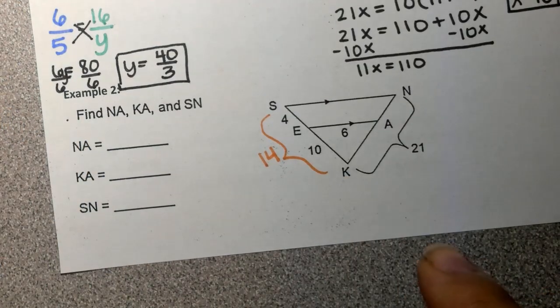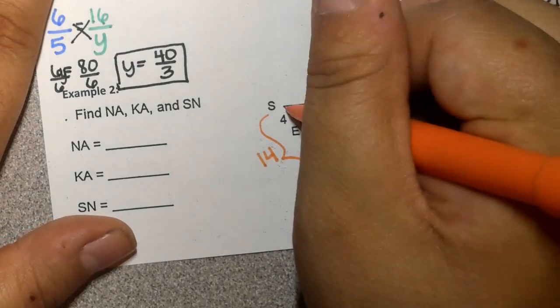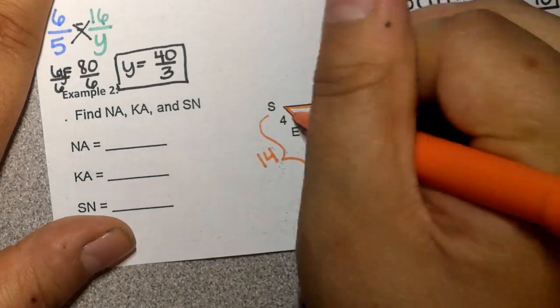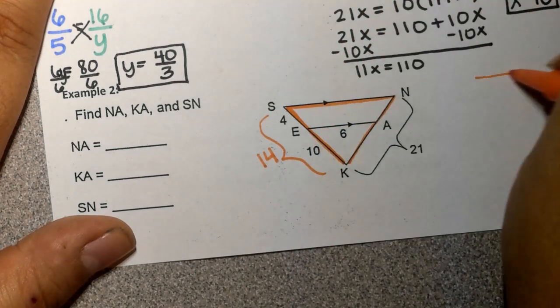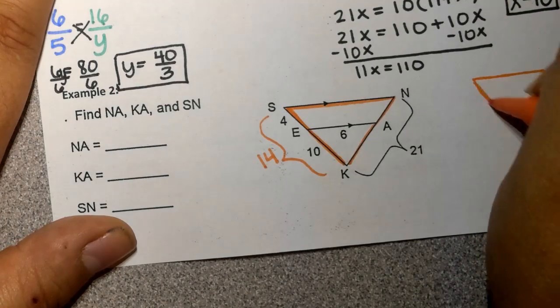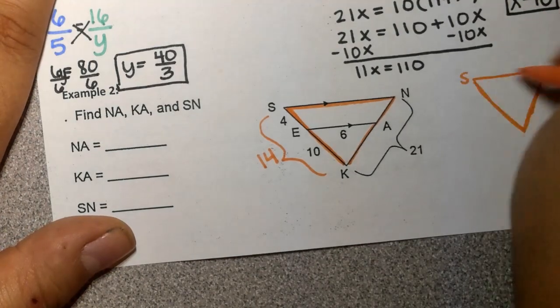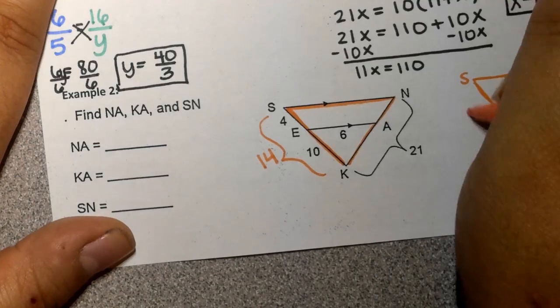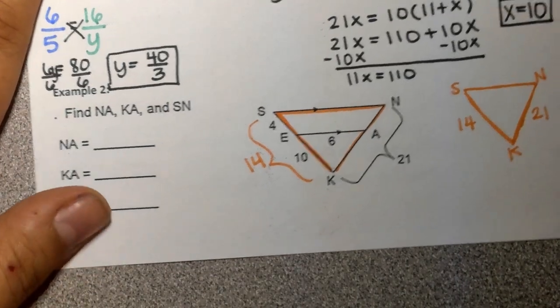All right? So what I'm going to tell you to do y'all agree these are nested triangles? I am going to tell you, draw 2 different triangles. So I'm going to draw the big triangle right here. So that's S and K. I know that side is 21 and that side's 14.